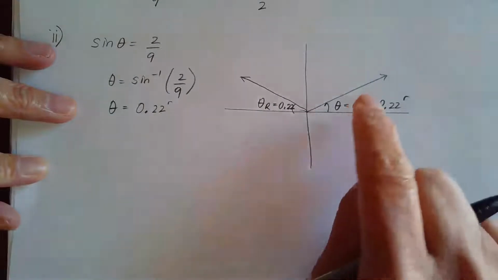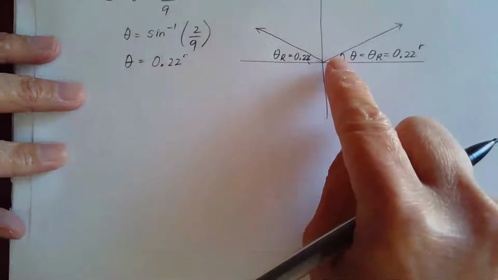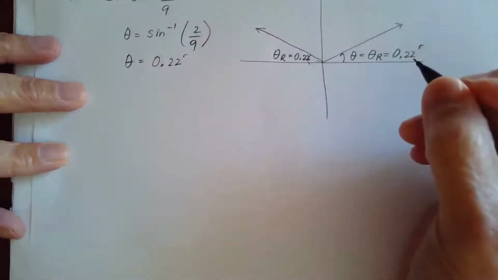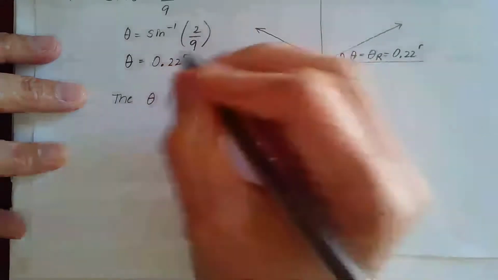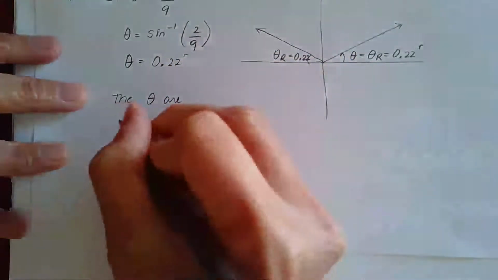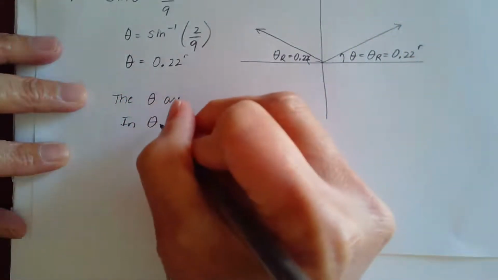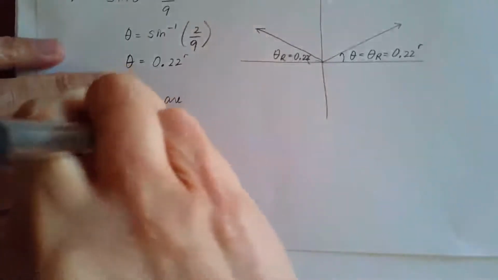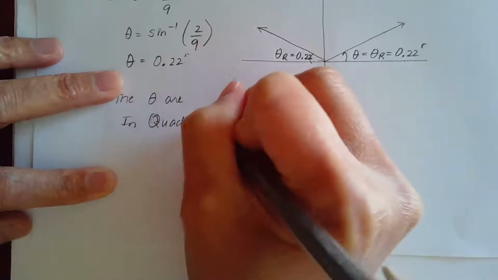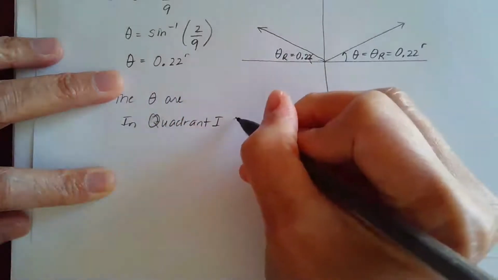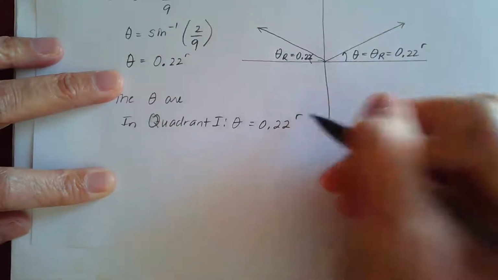So what are the two angles that we have to find, the two solutions? We have to state the one in quadrant 1. So in quadrant 1, theta is equal to 0.22 radians.